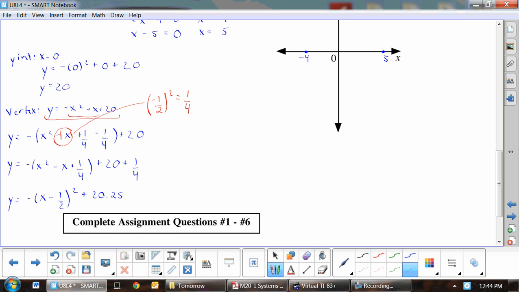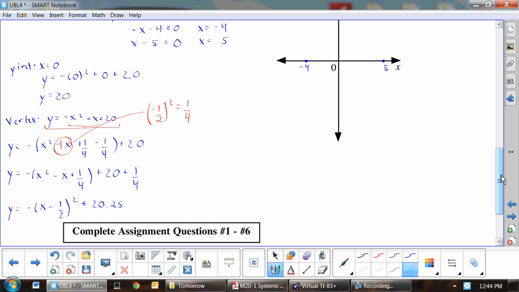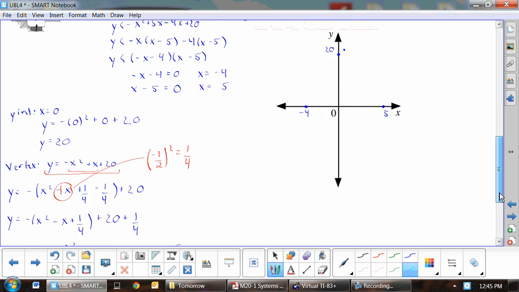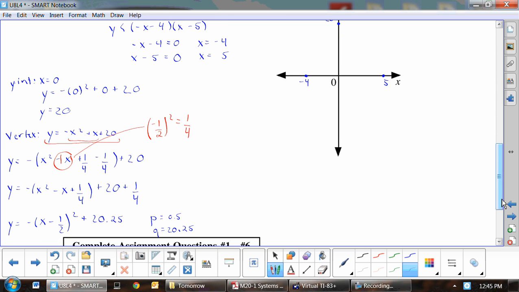Then you subtracted it. Okay? So we know that our P is 0.5 and our Q is 20.25. So our vertex will be like right there. Okay? So remember, our P is always this one here, and our Q is that one there. P and Q.